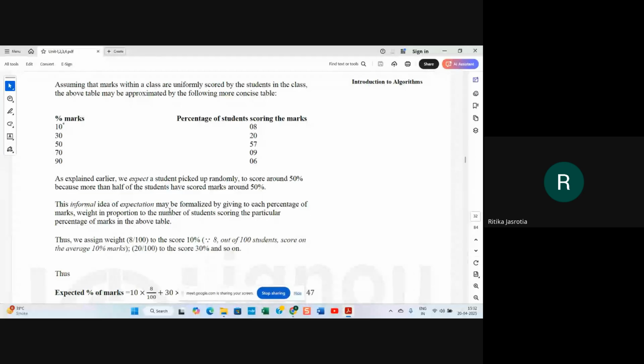So this informal idea of expectation may be formalized by giving each percentage of marks a weight in proportion to the number of students scoring that particular percentage of marks in the above table. Thus we assign weight 8 divided by 100 to a score of 10%. 8 out of 100 students score on average 10% marks, 20 out of 100 score 30%, and so on, right?